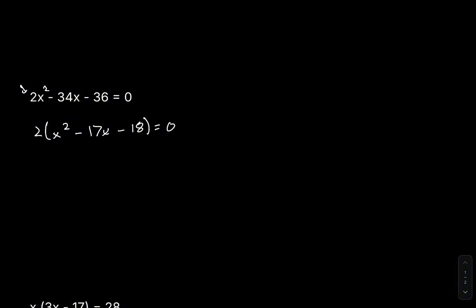Okay, so now we need to factorize everything that is inside of this bracket. So we're going to do the same again. What can multiply to be minus 18, and what can add together to be minus 17? Okay, so for this one we need one negative and one positive.